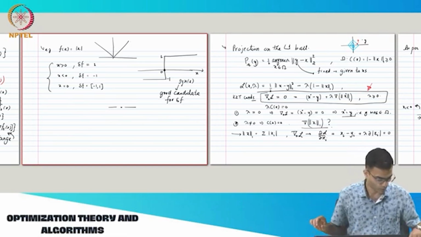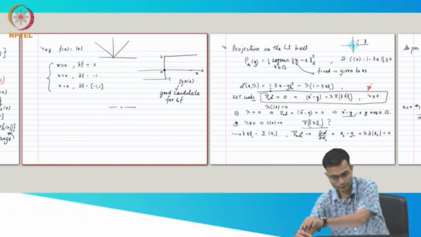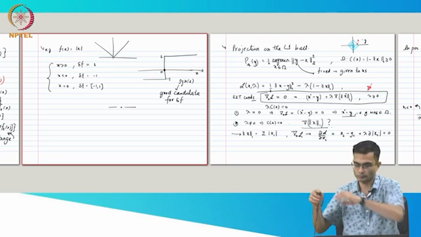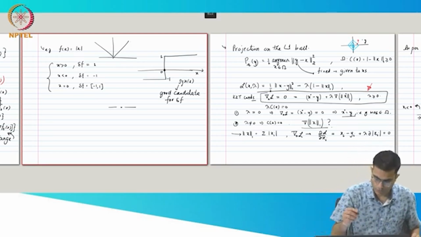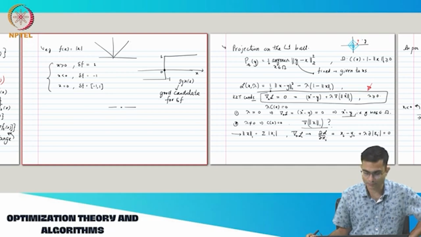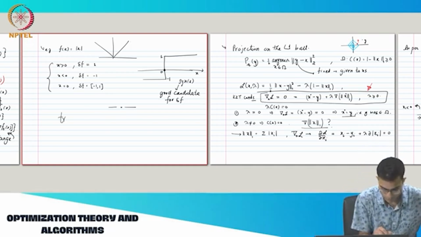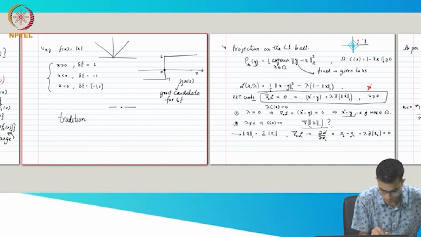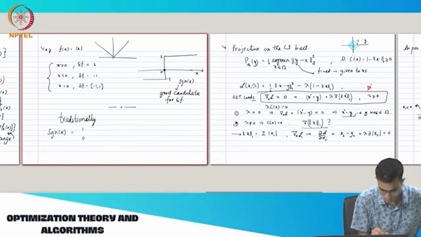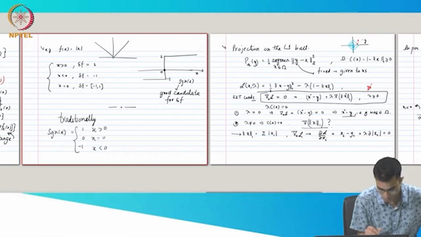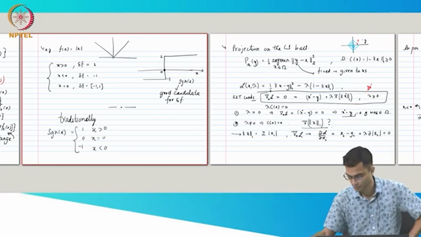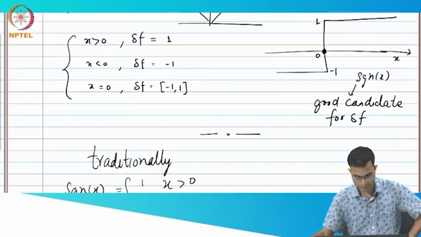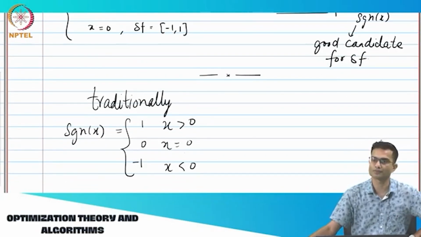I want to make one small correction. Traditionally the signum function, let me make a note over here, this is what people usually mean when they say signum function, with the value of 0 at 0.